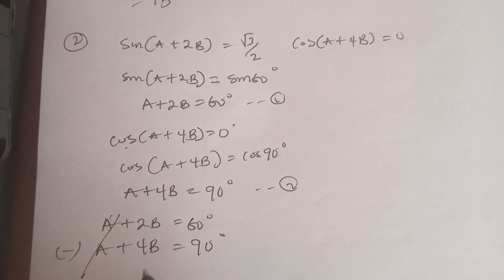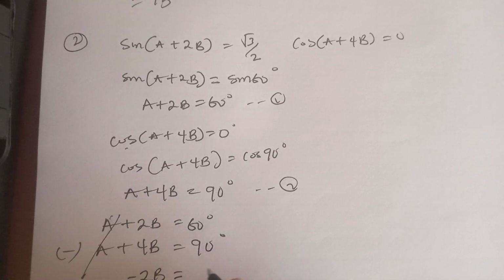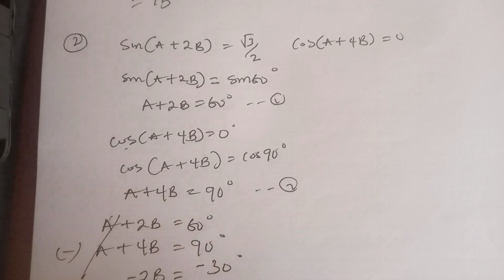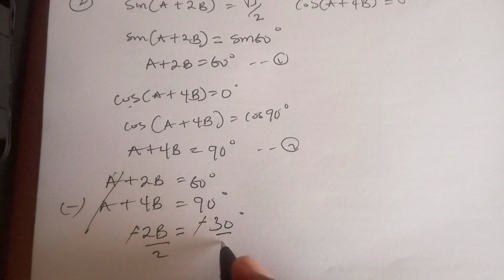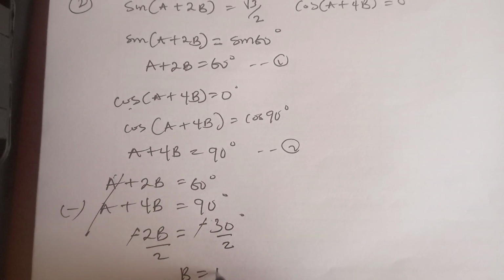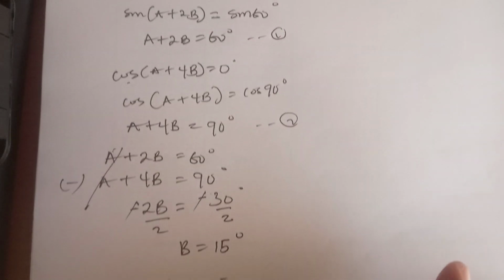So this is 2B minus 4B, so this will be minus 2B equals 60 minus 90, which is minus 30. Minus will knock out minus, both of them have minus. So to get B, we divide both sides by 2. So B equals 15 degrees.